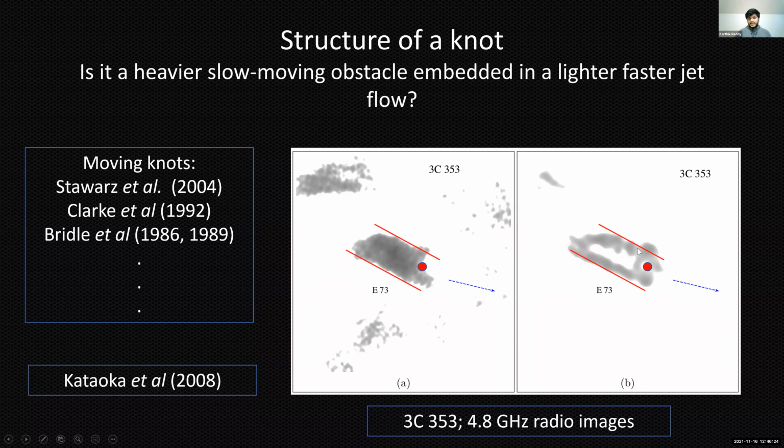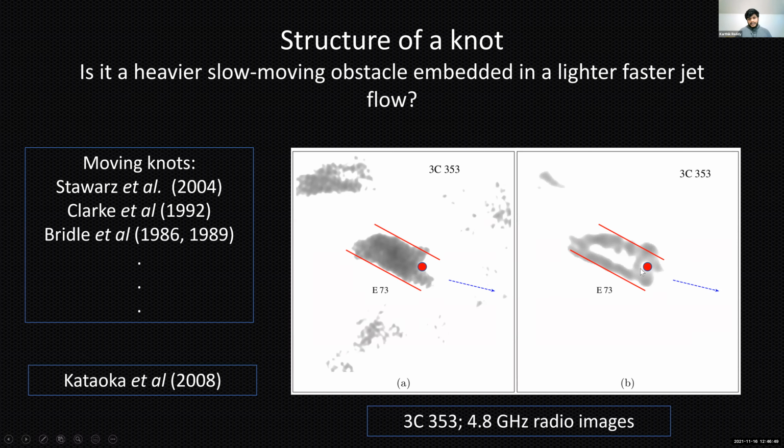While this plasma advects downstream, it's going to emit via synchrotron at progressively longer wavelengths. But one problem again here is that the offsets produced in that way would be around 100 kiloparsecs rather than the observed ones, which are on the order of a few kiloparsecs.